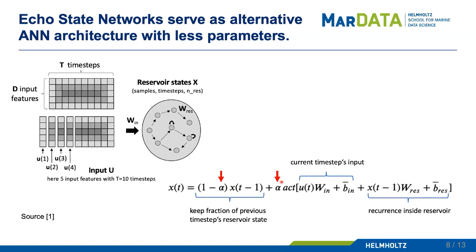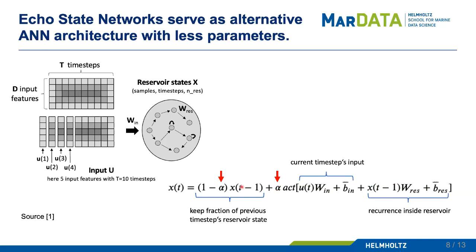The larger we choose alpha, the faster the reservoir reacts to new inputs. This can be seen in the second term, because that's the leak rate times some activation term. Inside this activation term, we have the current time step's input, u(t), times the input weights plus a bias term. We also have the reservoir recurrence, which is the previous time step's reservoir states times the reservoir weights, plus a bias term again.